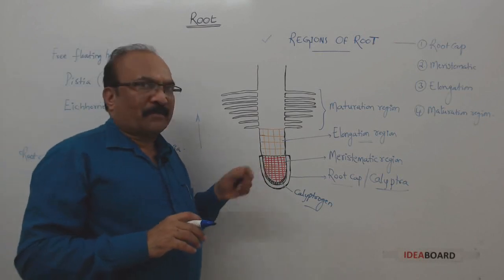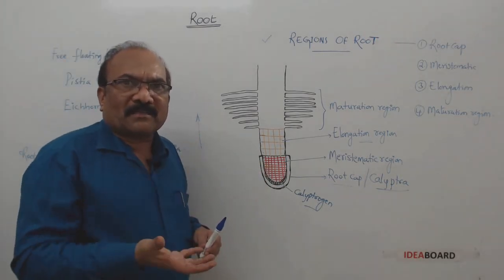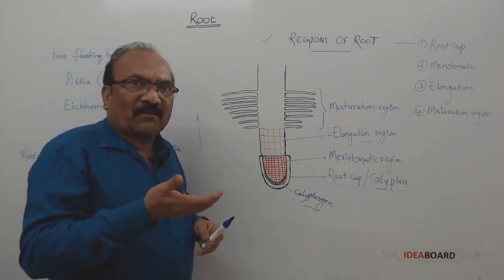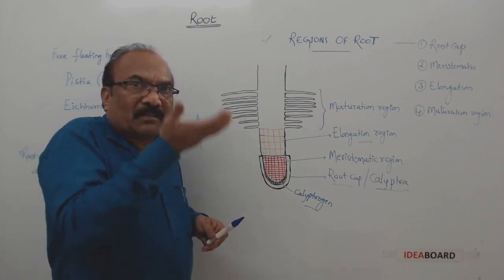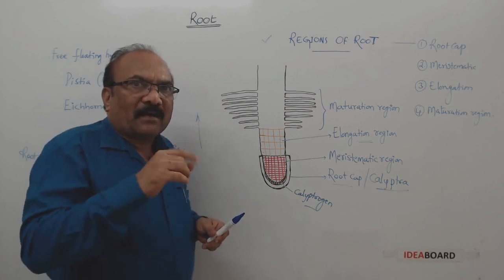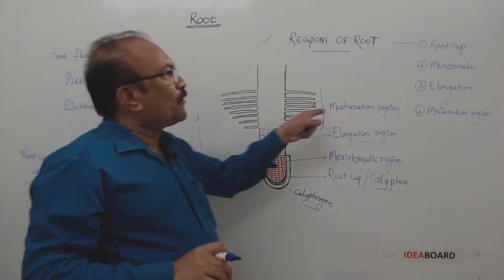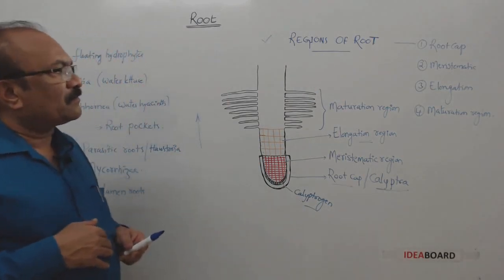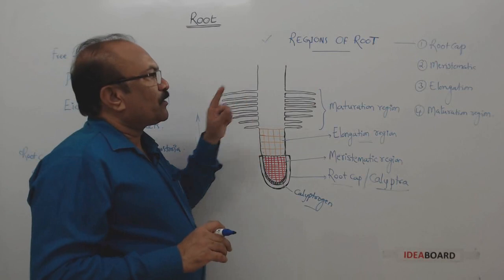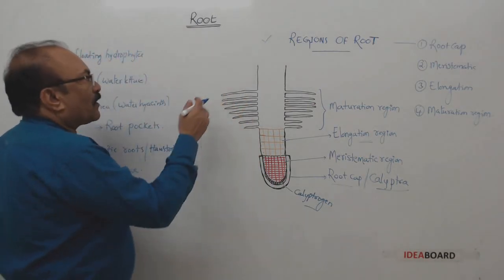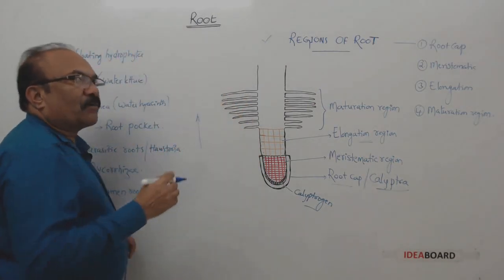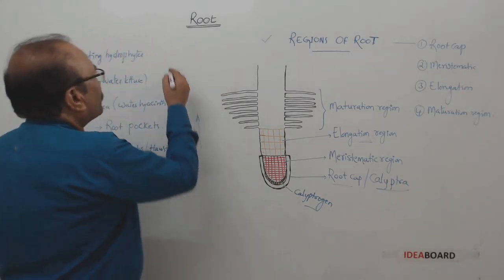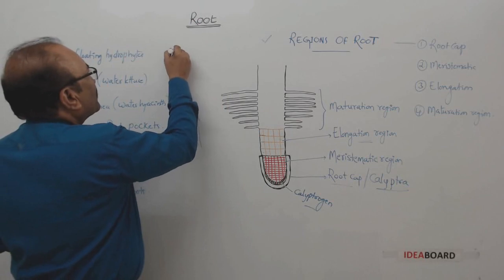These meristematic cells continuously produce new cells, which expand in the elongation region, and then one more batch pushes these cells upward, and that region becomes the maturation region, because here the cells will mature. We also call this maturation as differentiation.